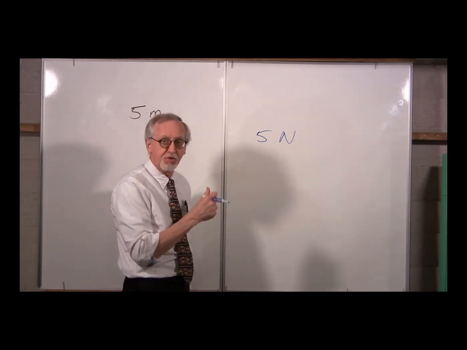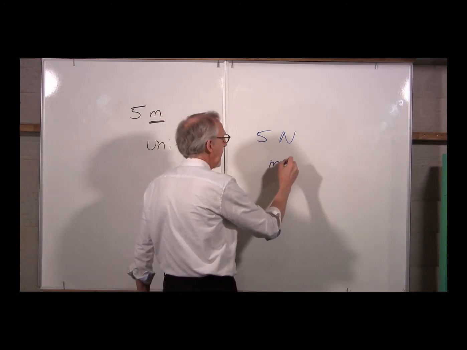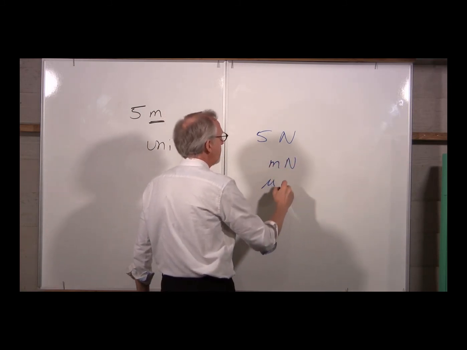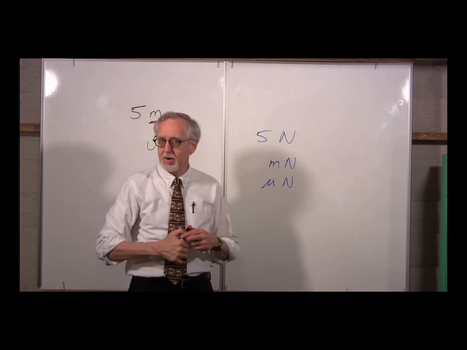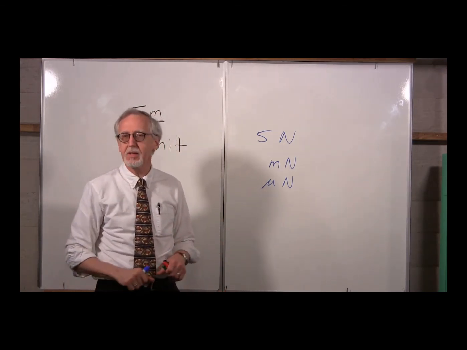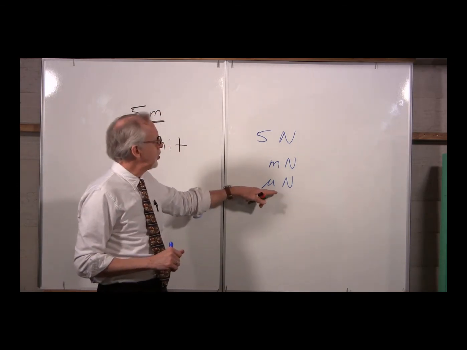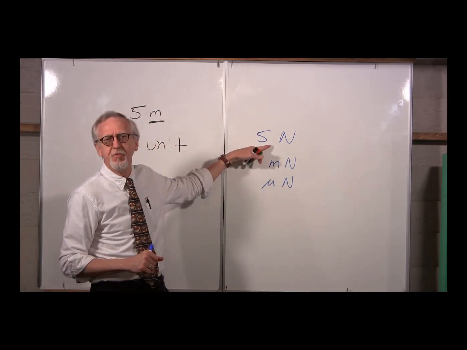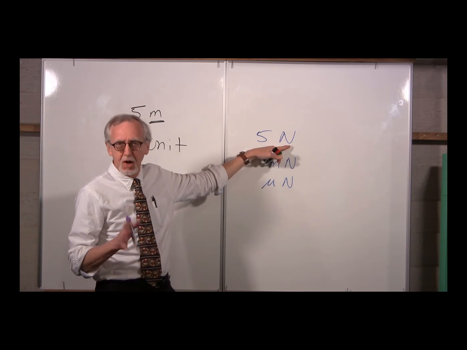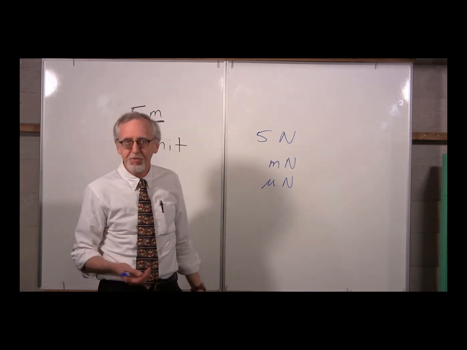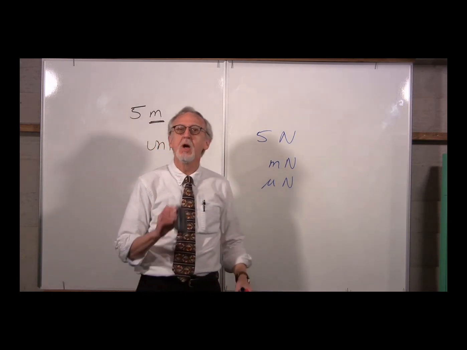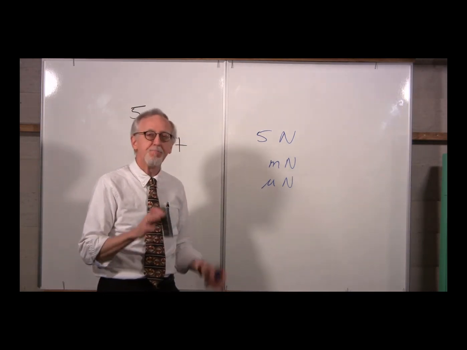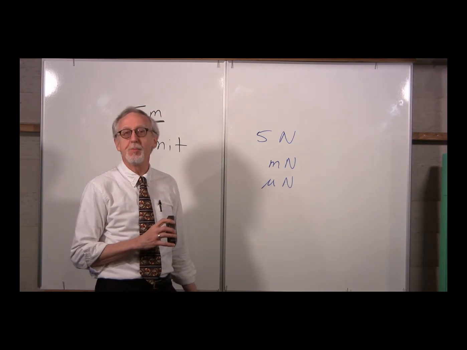Now, if it's a very small force, you could write it as a millinewton or a micronewton or a nanonewton. If it's a very large force, you could write it as a kilonewton, a meganewton, something like that. But typically, you want to make sure that it's always in some form of a Newton if you're talking about a force. Joules for energy or work or something like that. So always make sure to use the appropriate standard unit for a particular quantity.